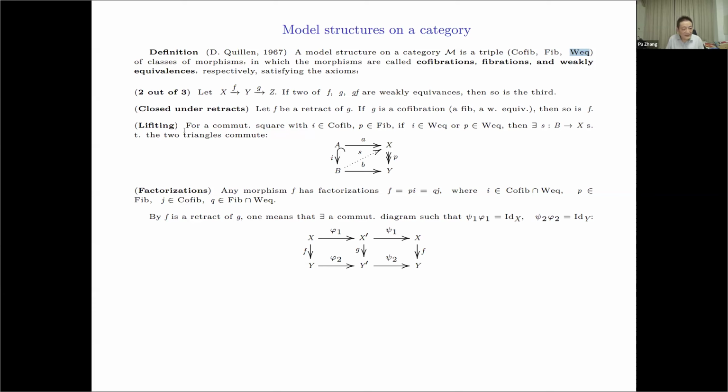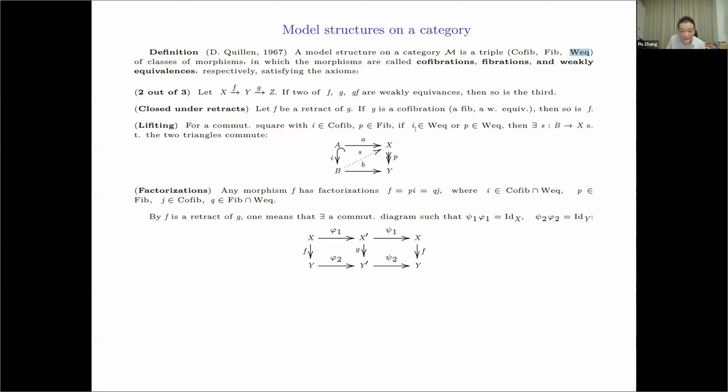The third one is for any commutative diagram where i is a cofibration and p is a fibration.